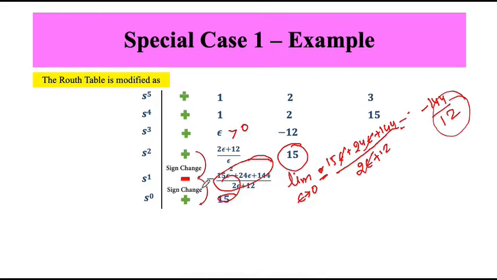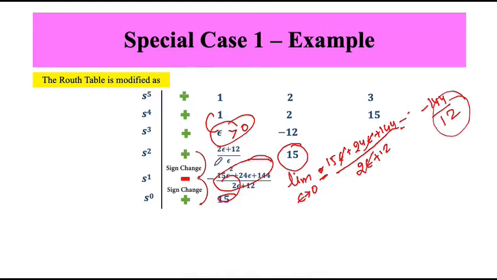So I just keep traversing here. I say, well, there is no sign change from 1, no sign change from epsilon. Epsilon is assumed to be positive, so this is also positive.